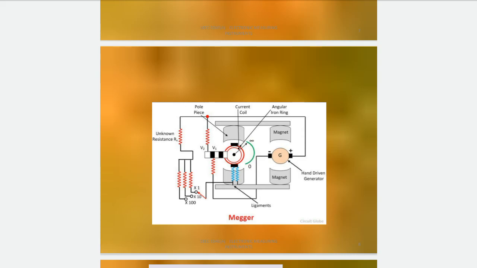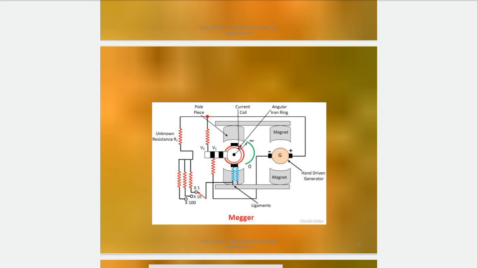These coils are mounted on the same shaft and placed in the field of the permanent magnet, 90 degrees apart. Here there is the hand driven generator.